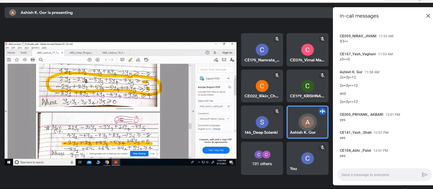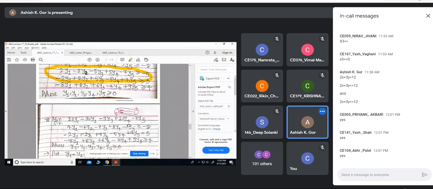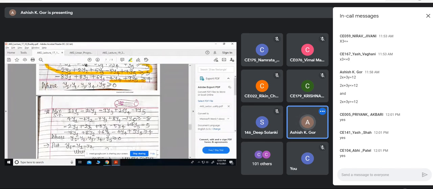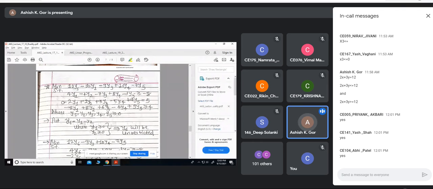I cannot have a negative on the right hand side. So I multiply both sides of the second one by negative. Once I multiply both sides by negative, minus of minus will become plus, and the inequality will change to less than or equal to. Then I can combine both into an equation like this. The rest of the things are the same: the first is written same, the fifth, the fourth are written same. That way I converted this to an equation.